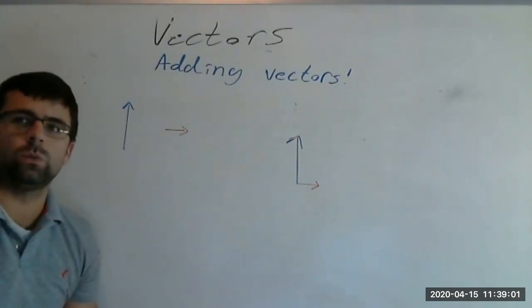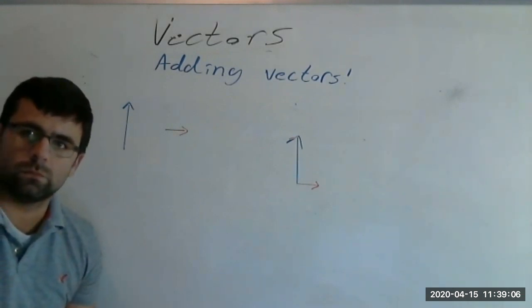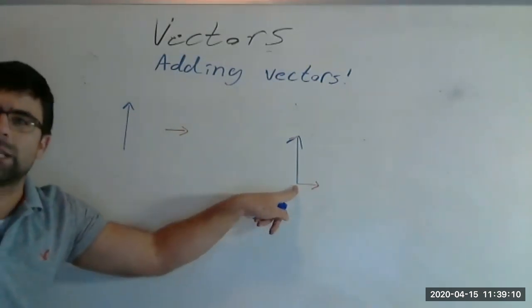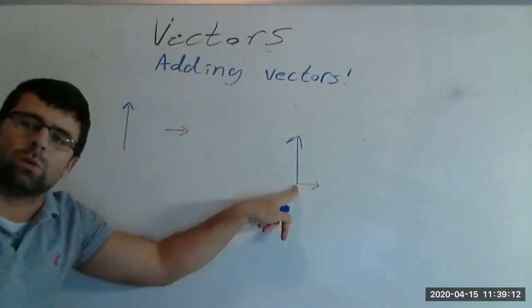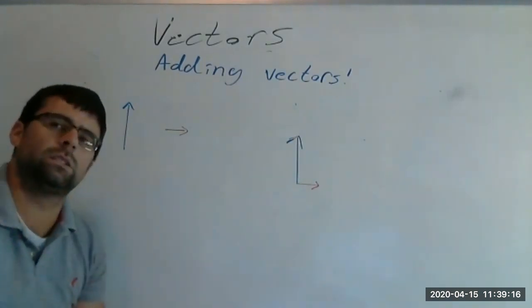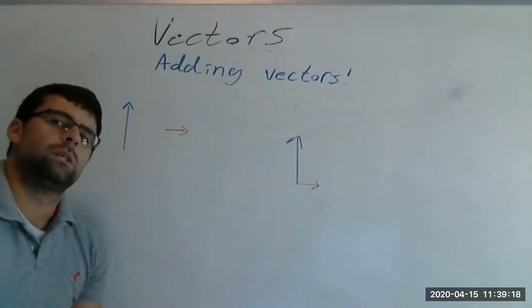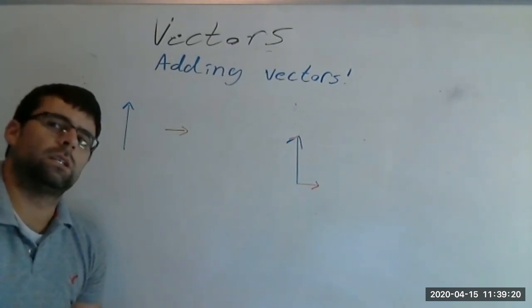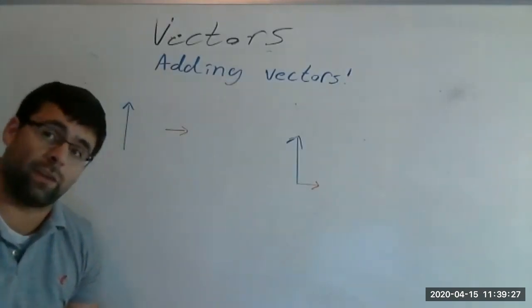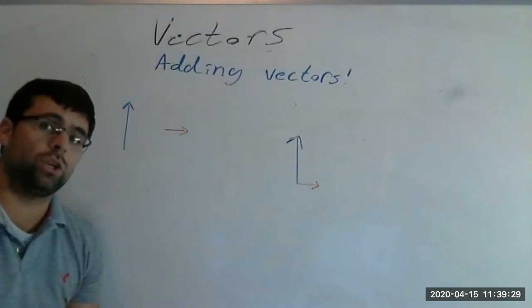Well, how do you do your trip? Can you do both of these things at the same time? Can you go north and go east? So you have to complete one of the vectors before you can do the other one.